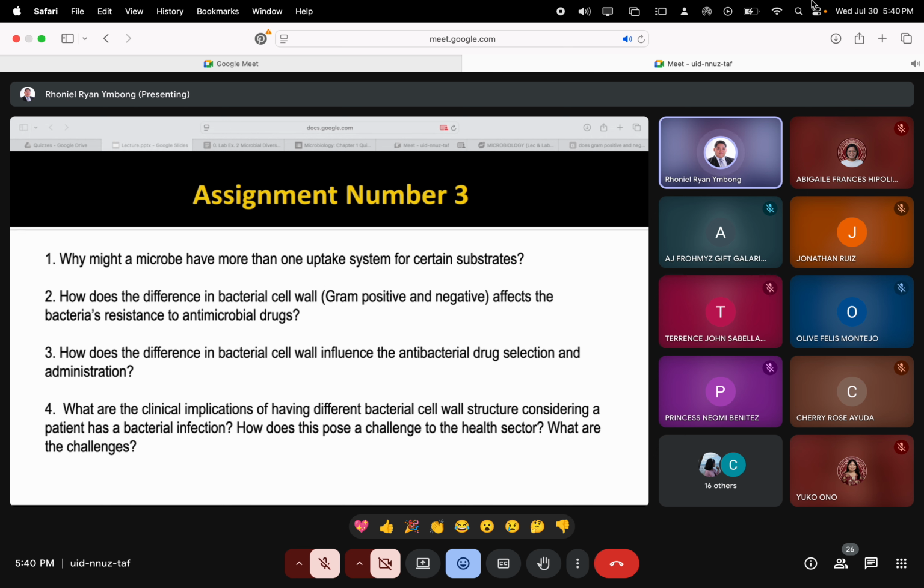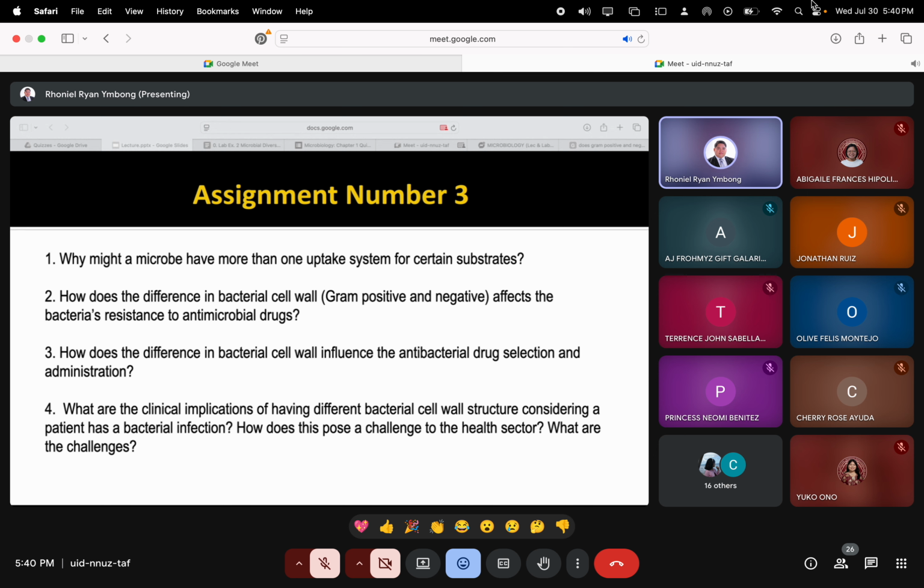Number 3: how does the difference in bacterial cell wall, again, gram-positive or gram-negative, influence antibacterial drug selection and administration? They have different cell wall composition, structure, and arrangement, so is there any influence when it comes to antibacterial drug selection and administration?